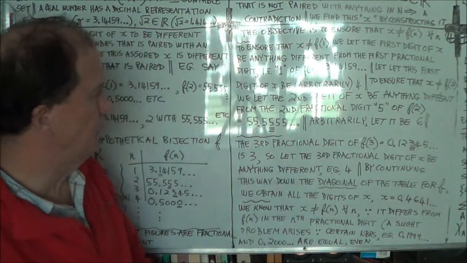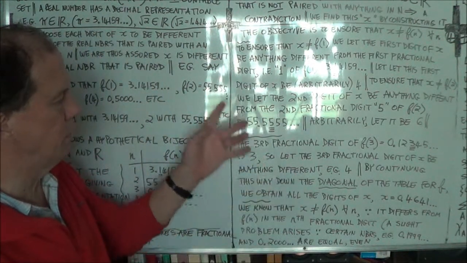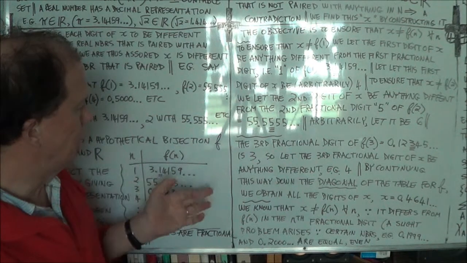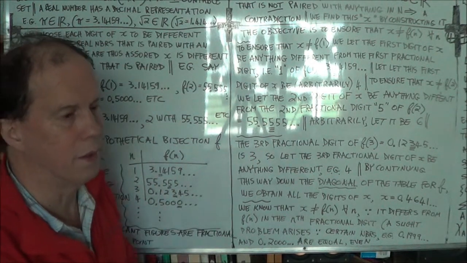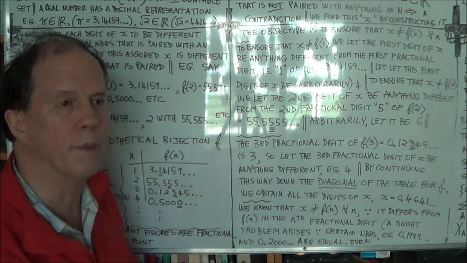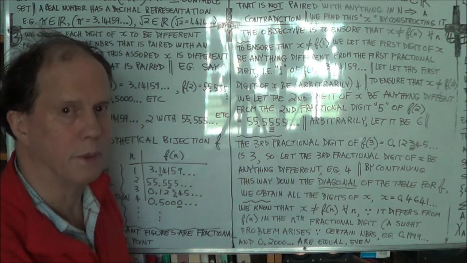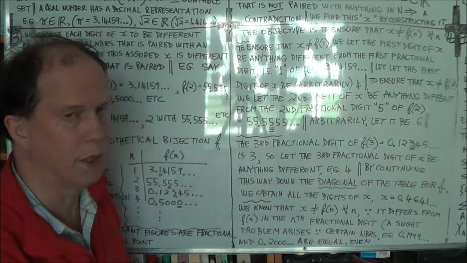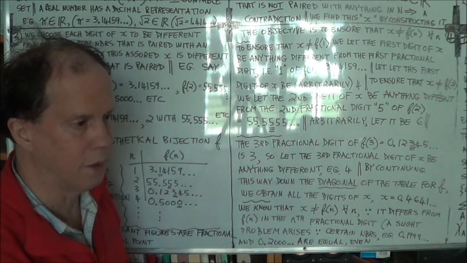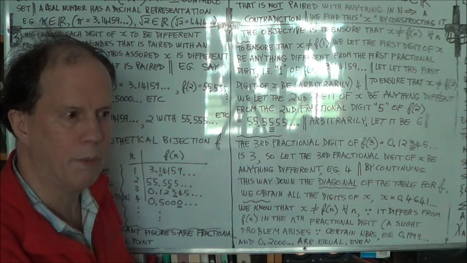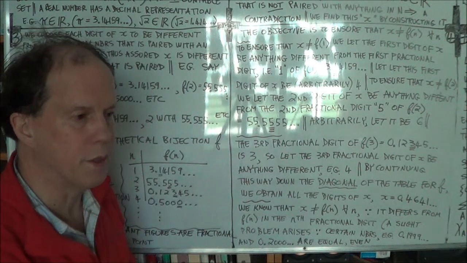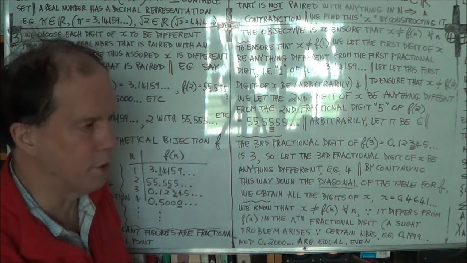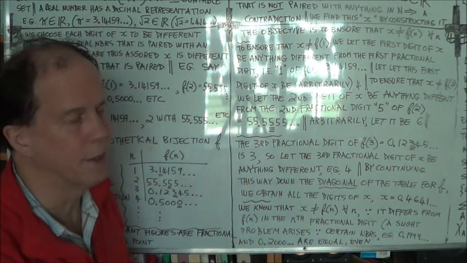Right. Well, so we've effectively proven that the diagonalization method works for showing that big R, the set of real numbers, is not countable. We've proved it by contradiction. We've found a real number that is not mapped to, and therefore that mapping is not onto, and therefore it's not bijective, it's not a correspondence.